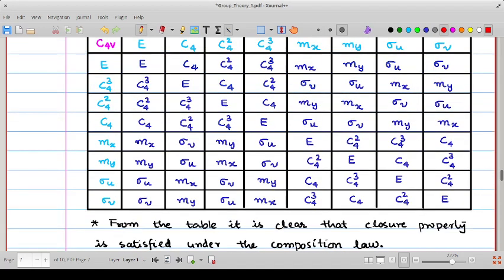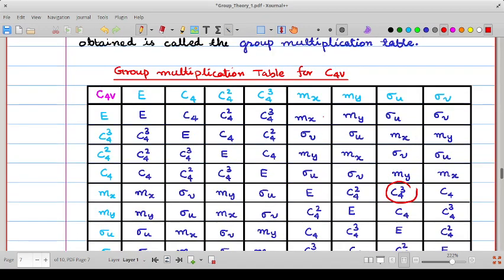Now for any element in this group multiplication table, the same rule follows. So for example, if we consider this particular element, this will be the product of mx times sigma u, because the column header is sigma u and the row header is mx. So the column header is the first transformation and the row header is the second transformation following the column header.